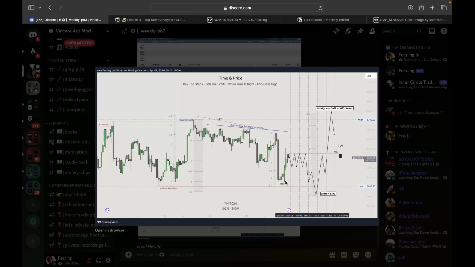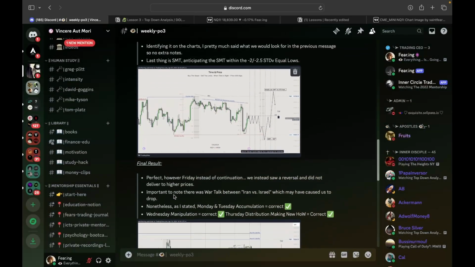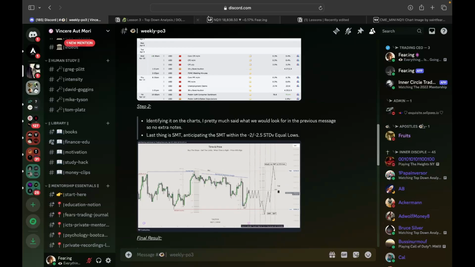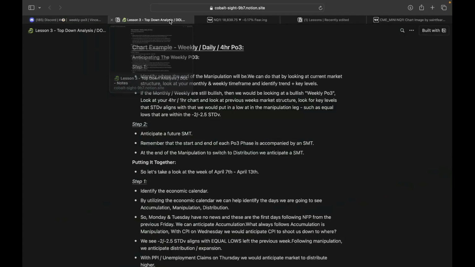Equal lows. While there is SMT here, there was lack of SMT here. And on the opposite end, we see price stack up, low resistance liquidity as a potential target for our distribution day. So now we're going to be going into our chart.